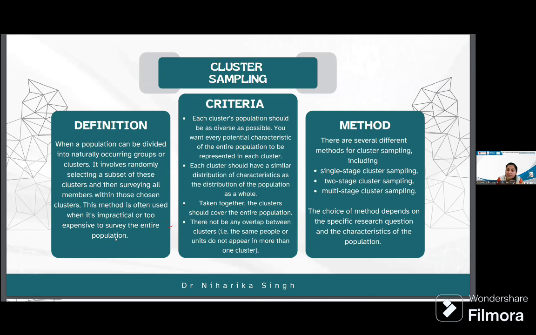So when a population is divided into naturally occurring groups or clusters, the best example that is publicly available is the Kerala migration report, which is openly available in the public domain. And we are also using it for another migration project that we are working on.